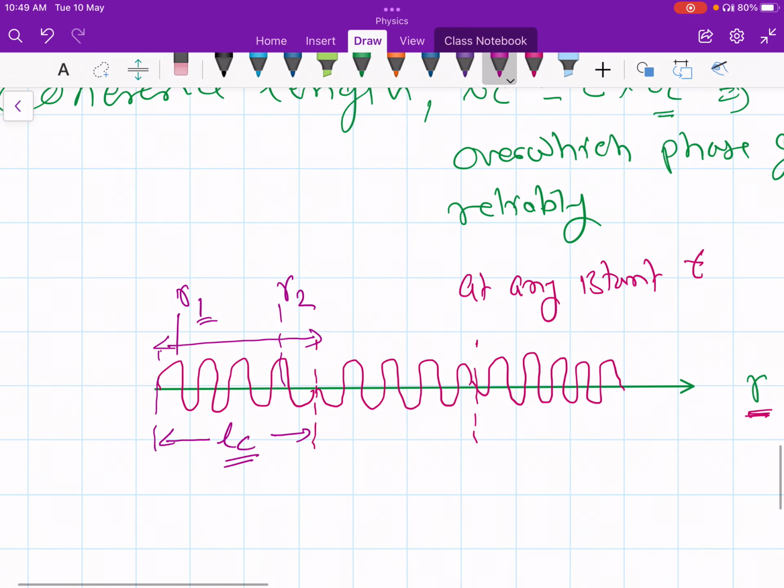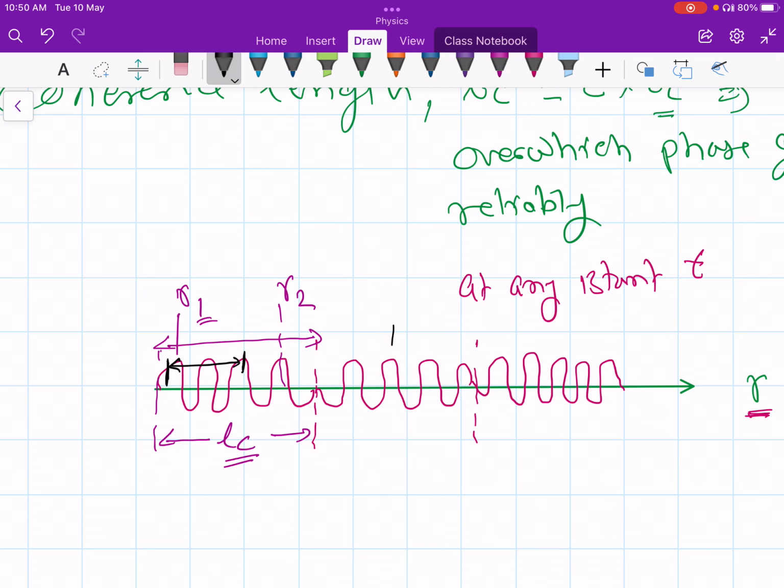At any instant, at any position, if you know the phase of the wave, then you can predict the phase of the wave at some later point, provided the distance between them is less than the coherence length. When the distance is less than the coherence length, you can say that the two points are on the same wave packet. And when they are on the same wave packet, the phase can be predicted reliably.